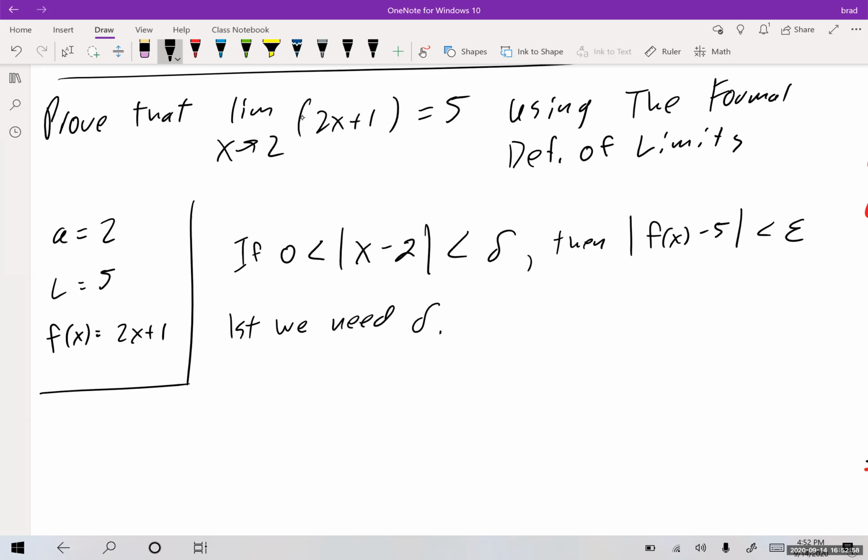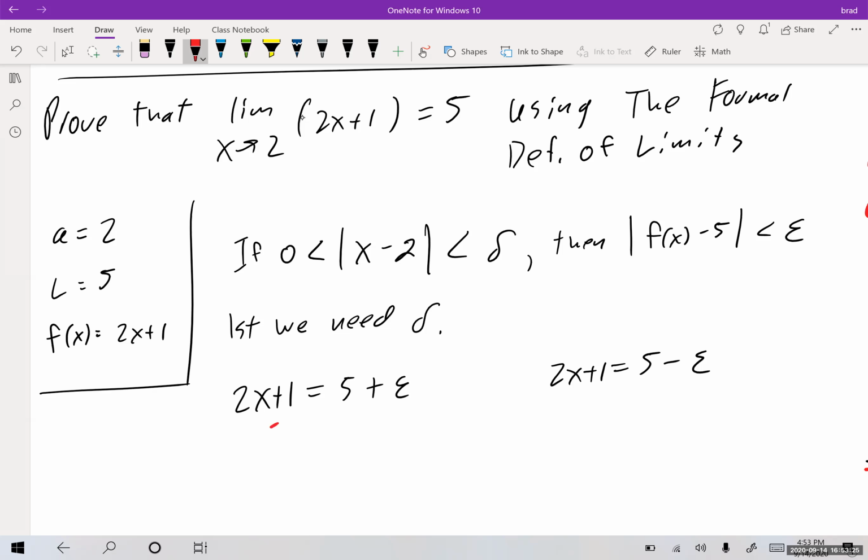So what I'm going to do is take f of x, which is 2x plus 1, and set it equal to the limit, which is 5 plus an epsilon, and 2x plus 1 equals 5 minus an epsilon, right? So that's what we did in the previous problem.